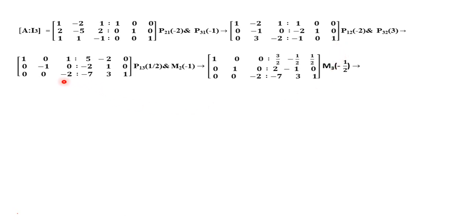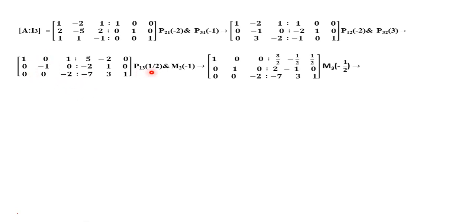Next, we see that we have to change the third element of the first row to 0. We change this also. Here is a minus 1, we need plus 1 so that this becomes the second column of the identity matrix.